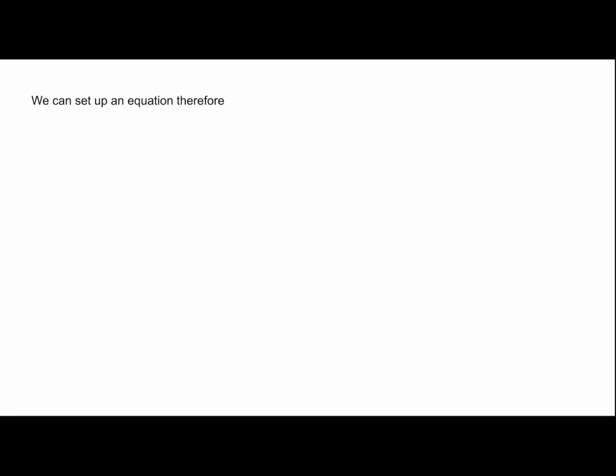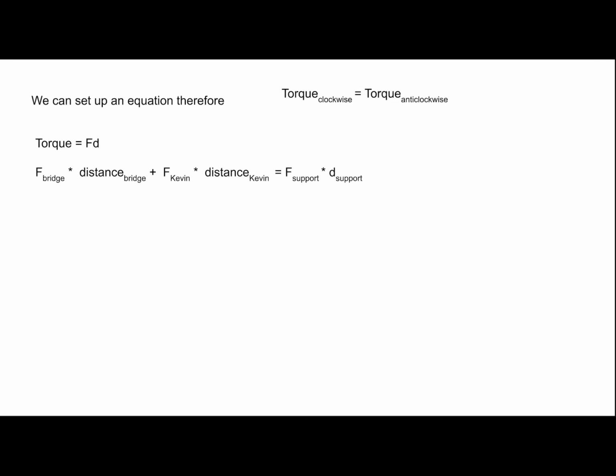Alright, so in this slide, we're going to be setting up an equation. The first thing we can say is that our anti-clockwise torque is equal to our clockwise torque. And we know the clockwise torque is the torque of Kevin plus the torque of the bar. We also know that torque equals force times distance.